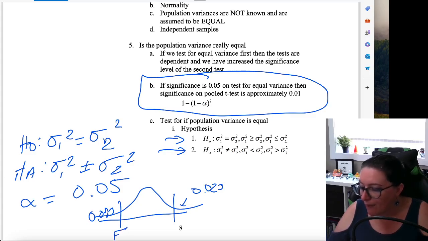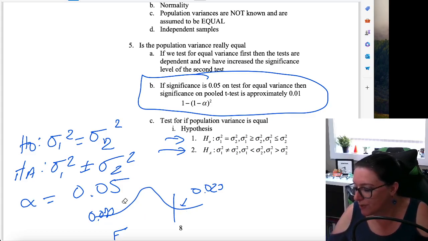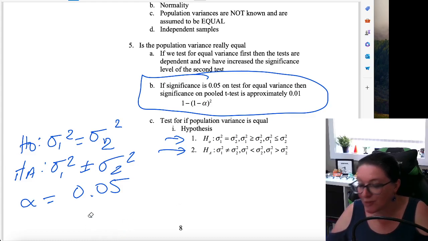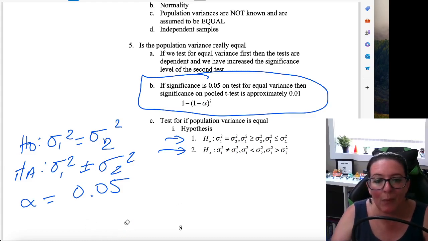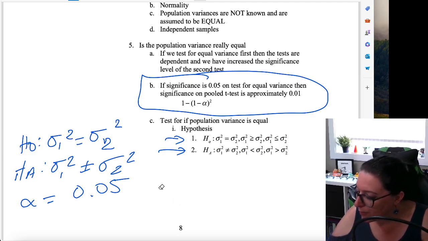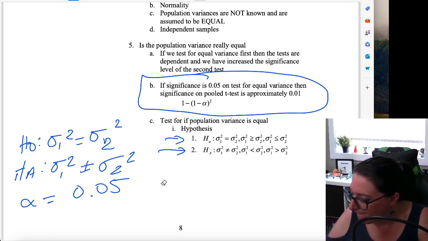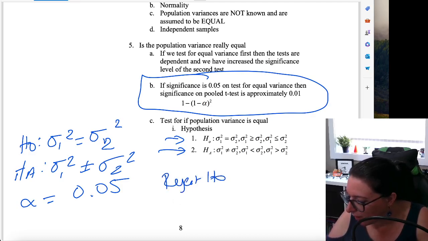And instead we have F values. It's not technically correct because it's not a normal distribution. So maybe I won't put that to confuse us, because the F distribution is not a normal distribution. But we can use the same process, which is we will reject H naught if the p-value is less than alpha.